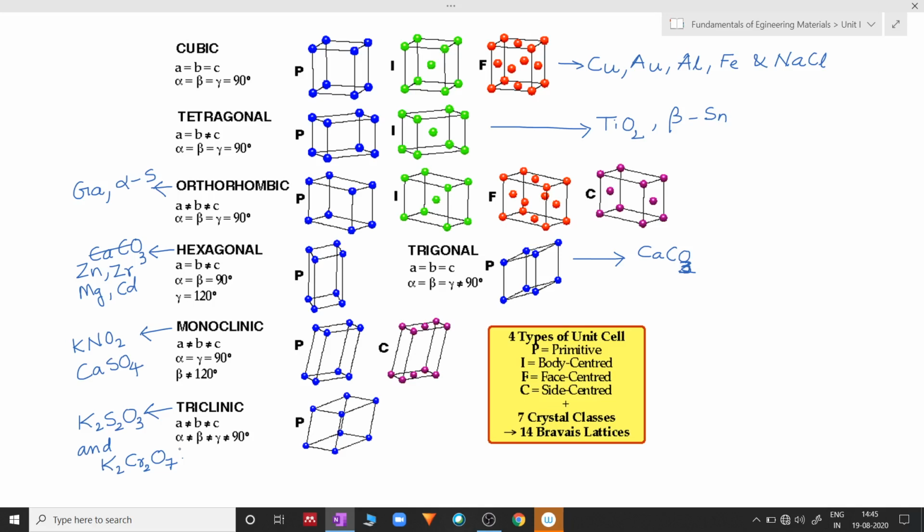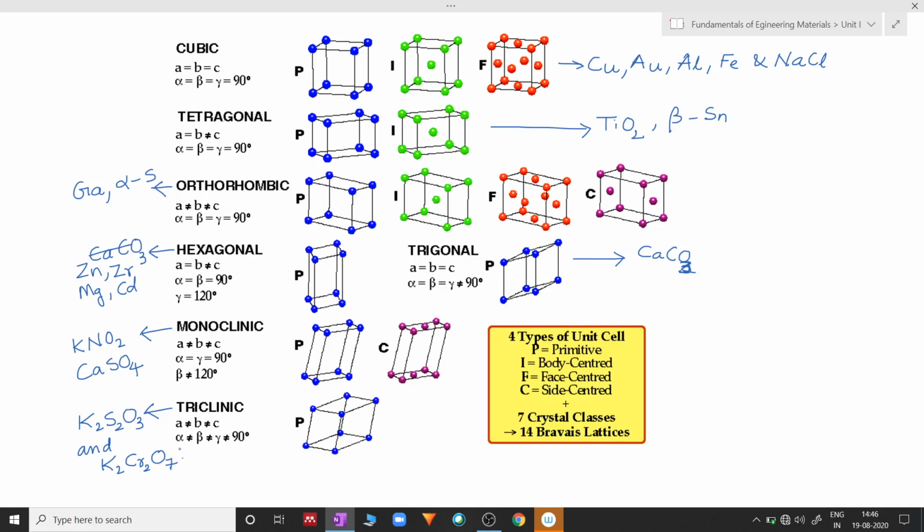So now, if I want to explain some phenomena that is happening within a unit cell, then I need to specify the area where that phenomena is happening. To specify that area, or the direction or the plane on which that phenomena is happening, we have the concept called crystallographic points, crystallographic directions and crystallographic planes.